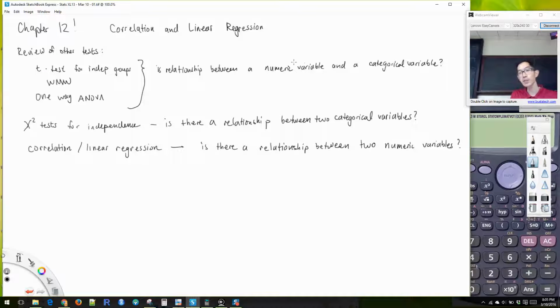I'll map this out next week when we do a review of all the stuff we've covered. There is one more test, I guess. I shouldn't say there's one more test. There are lots of other statistical tests, but in this theme of seeing if there's a relationship between different kinds of variables, there's one where you have a categorical response and a numeric predictor, and that one is logistic regression.